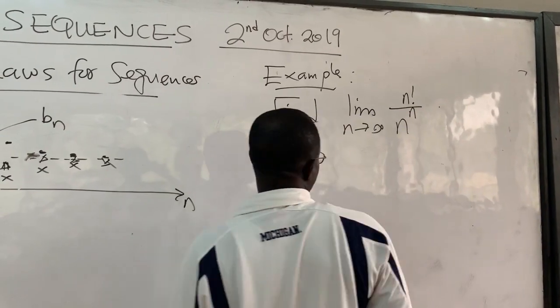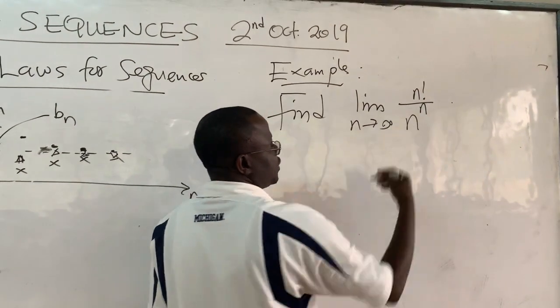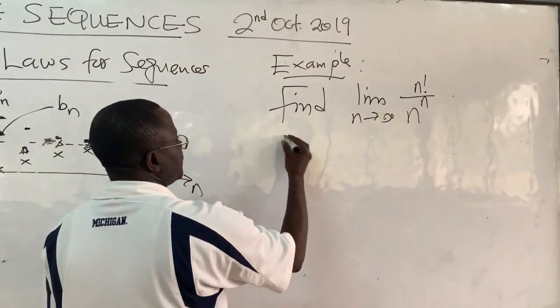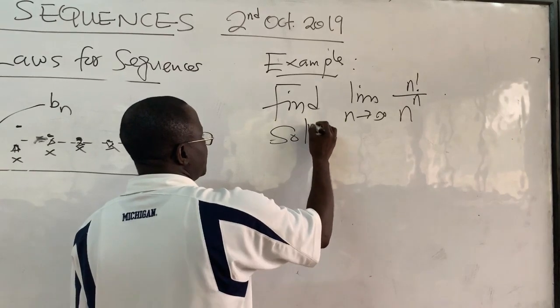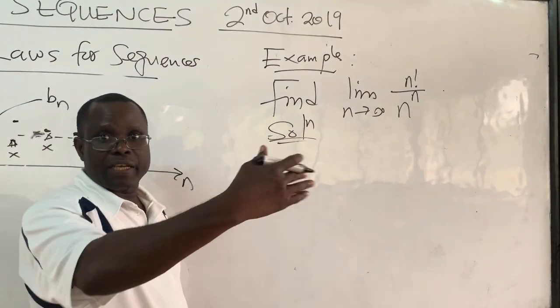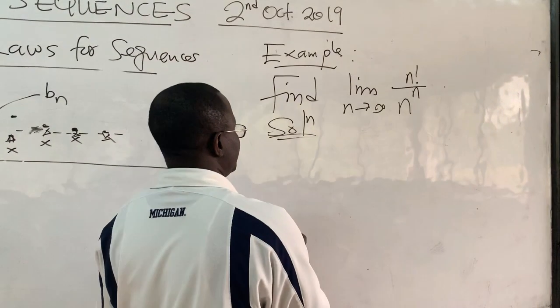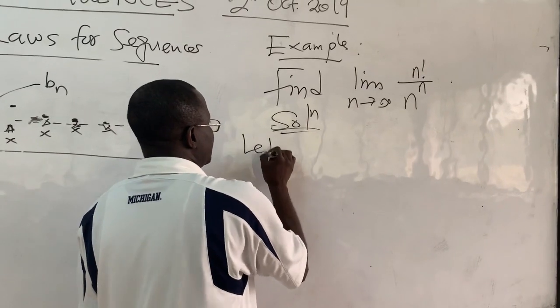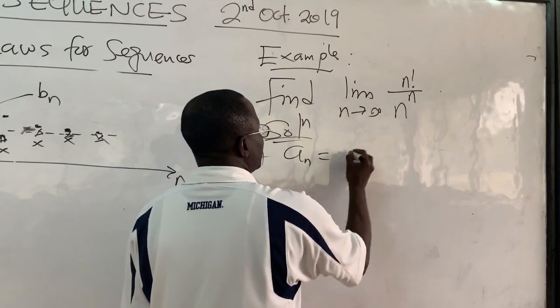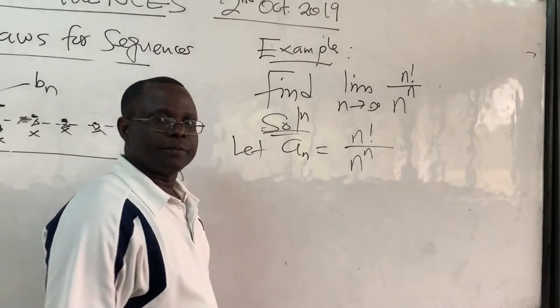Okay, let's see how you do this. Sometimes it's helpful to write down the first few terms of the sequence. It helps you to see the behavior of the sequence. So we're going to let an equal n factorial all over n raised to the power n.